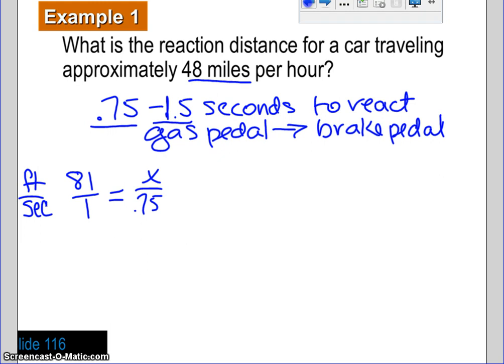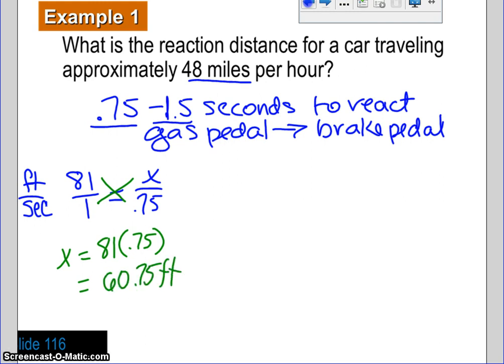Now when we create a proportion, we then cross multiply, and we end up with x equals 81 times 0.75, which gives us 60.75 feet. So someone who has a very quick reaction can react in 3/4 of a second.